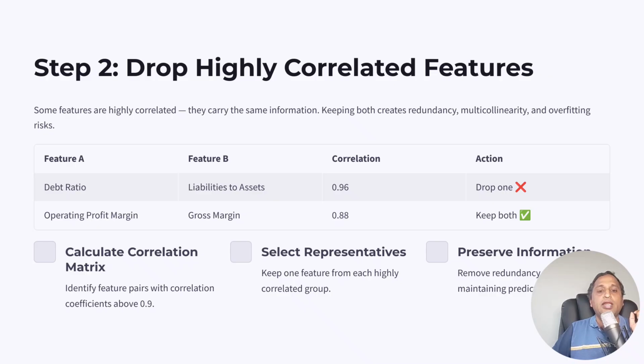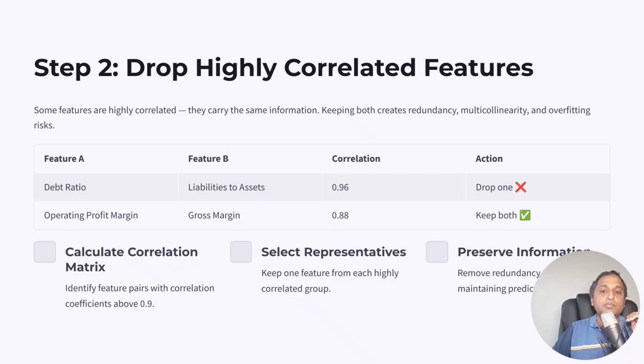Debt ratio and liability to assets have a correlation of 0.96, meaning they move almost perfectly together. In this case, we drop one of them to avoid duplicate information. In contrast, in the second pair, operating profit margin and gross margin have a correlation of 0.88. That's high, but still below the common threshold of 0.9. So we keep both of them.